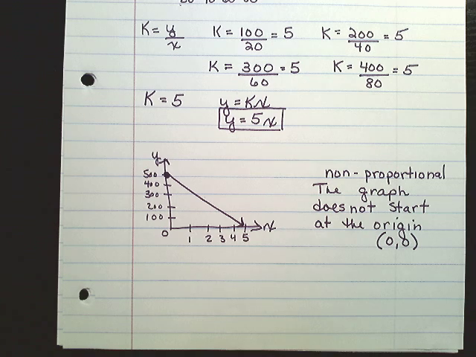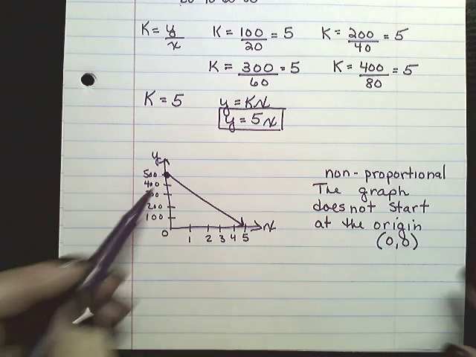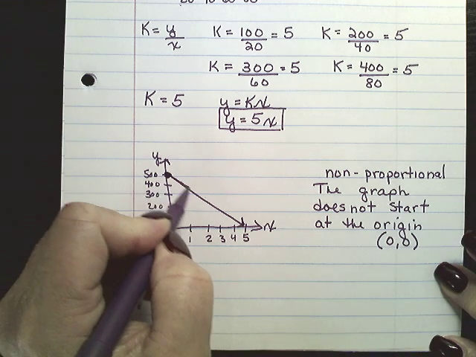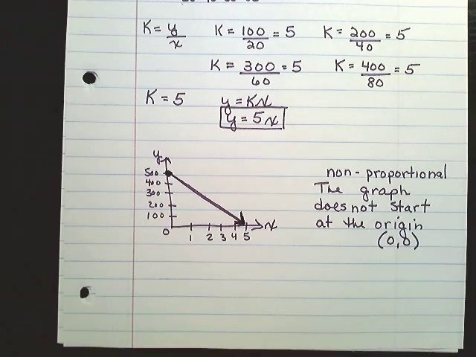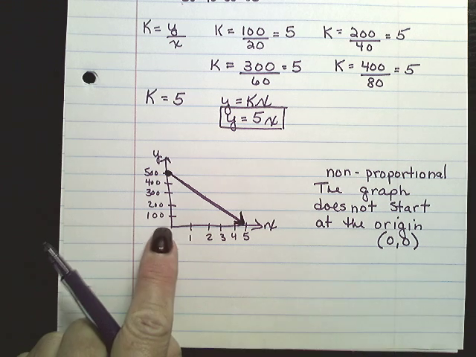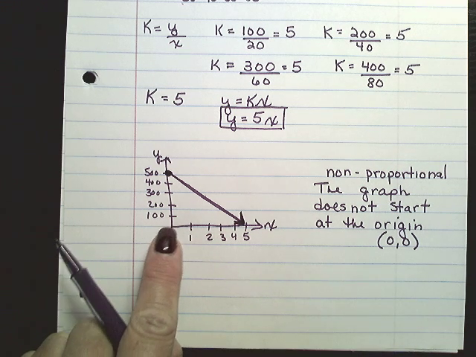So I don't need to do any additional work because this graph starts up here and it goes down. That's why the arrow is at the bottom of that line. So that line could not possibly be proportional because it does not start here at the origin.